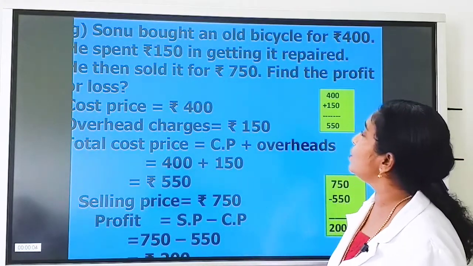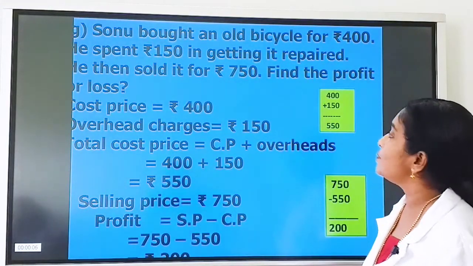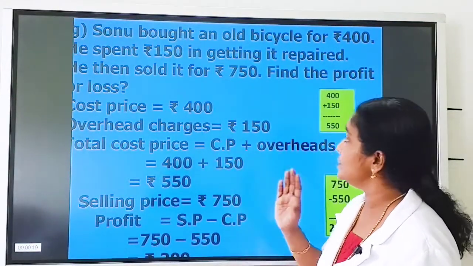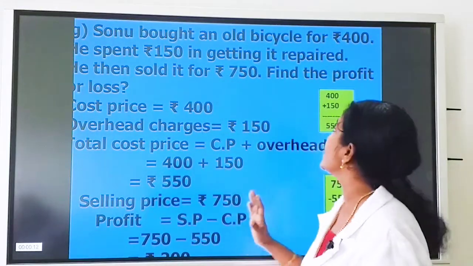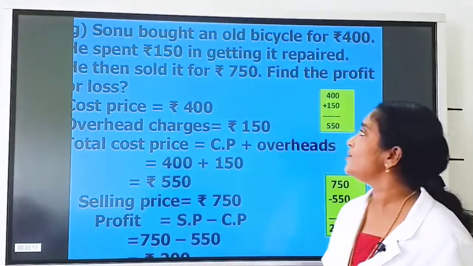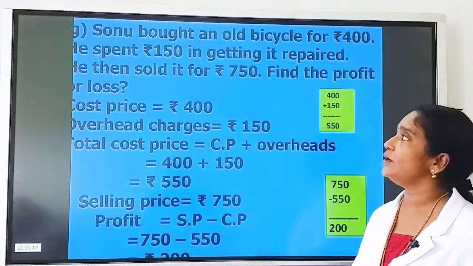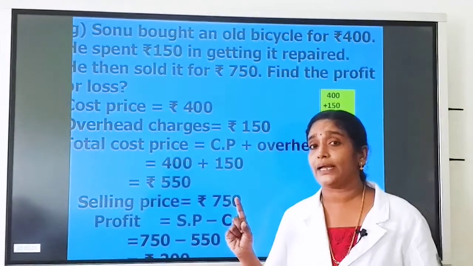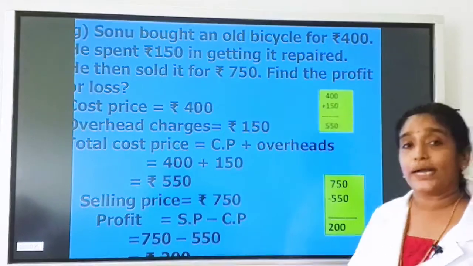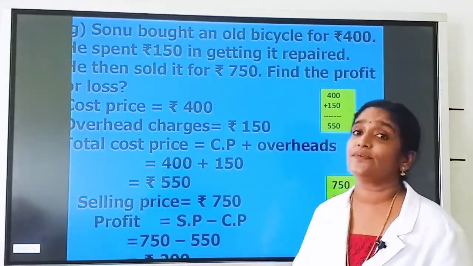Sonu bought an old bicycle for rupees 400. He spent 150 rupees to get it repaired. He then sold it for rupees 750. Find the profit or loss. So, read the question one more time. Sonu bought an old bicycle for 400 rupees. So, cost price is 400.